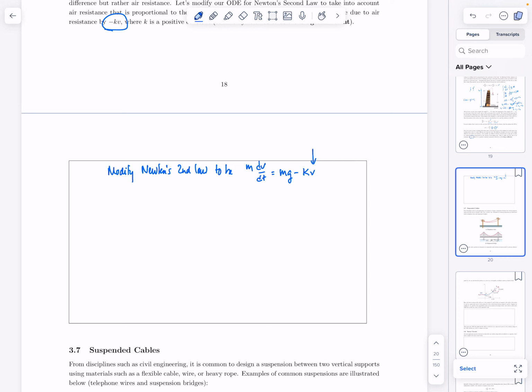So again, we assume that s of t is the distance the body or object falls in time t from its initial point of release.